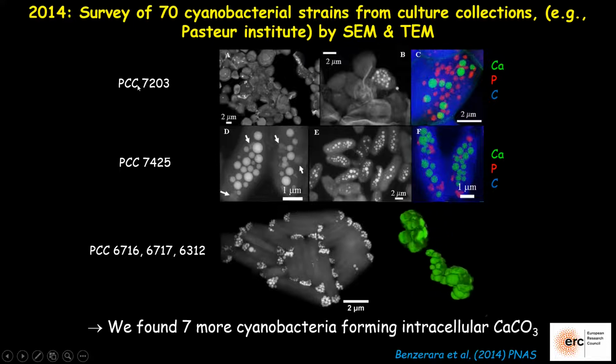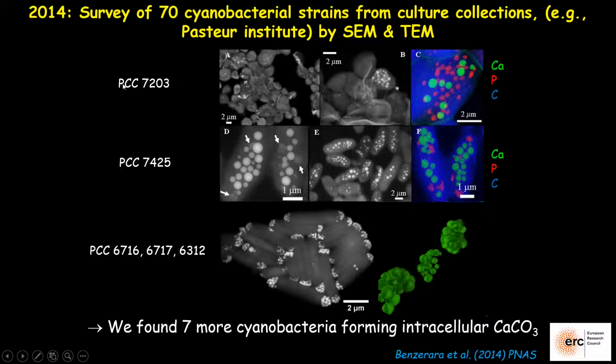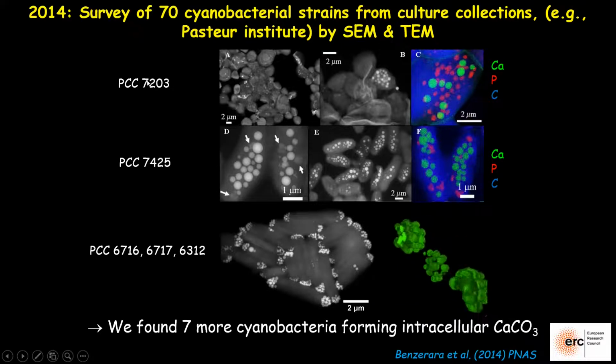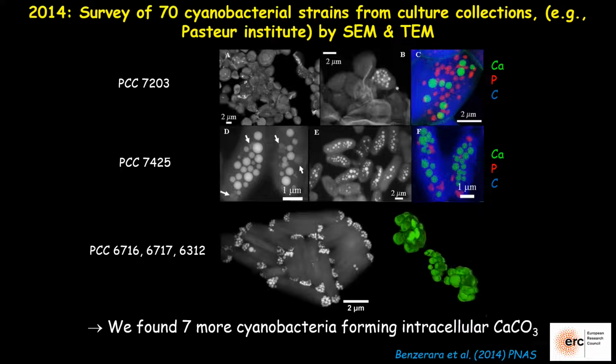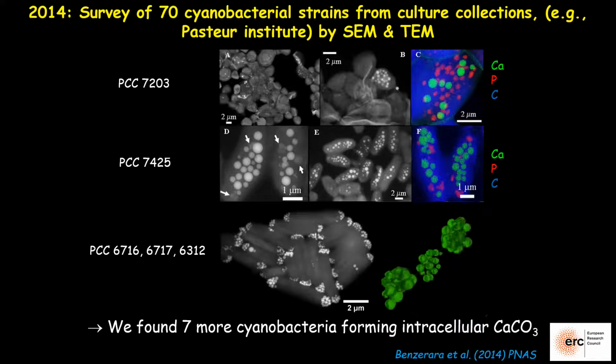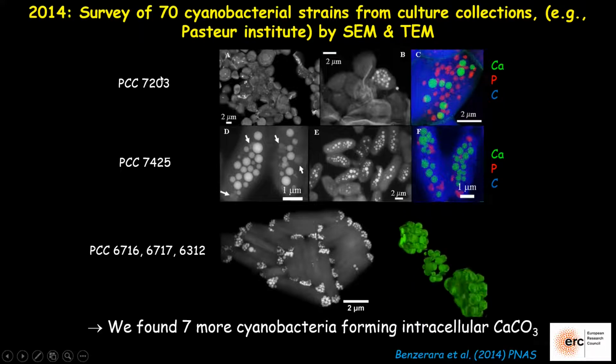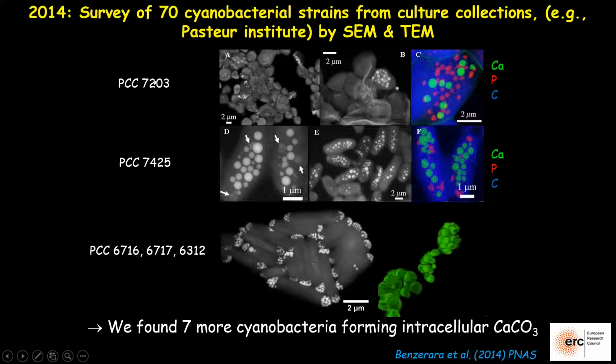I'm missing here the usual name, like the genus and the species, but PCC stands for the Pasteur Cyanobacteria Collection. The first 2 digits are for the year they were found or isolated, so 1972 for this one. And the last digits are for the number during the year. So this is the 3rd strain that was isolated in 1972.